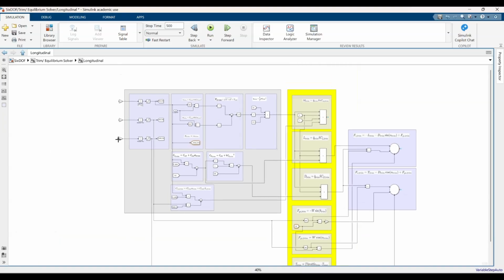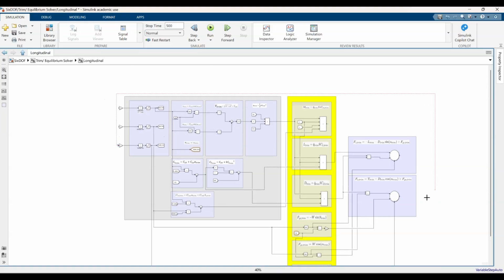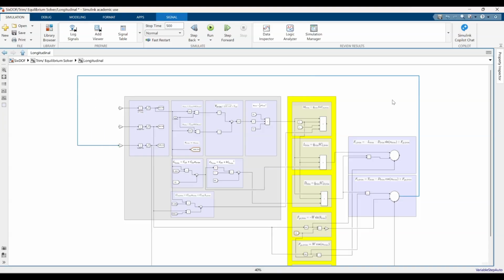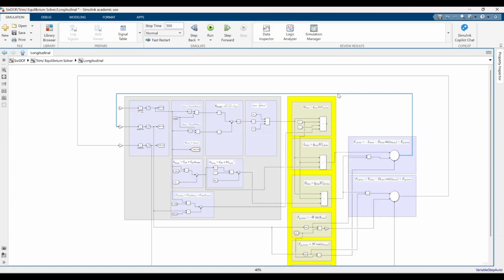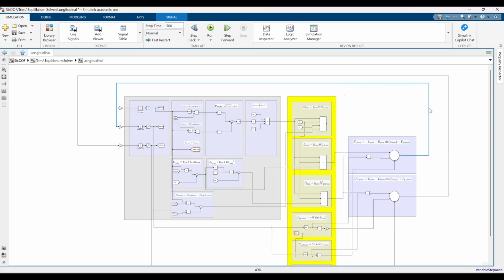So the way we would loop in is this last one, throttle trim, has to do with fx. So that goes all the way out. The next one is elevator trim. Elevator trim will go for fz, like that. And then the last one is moment.